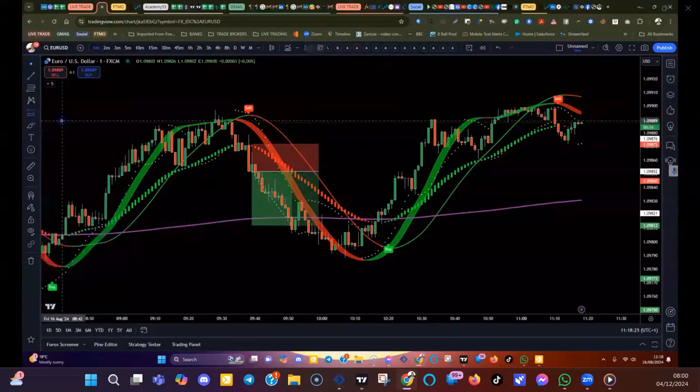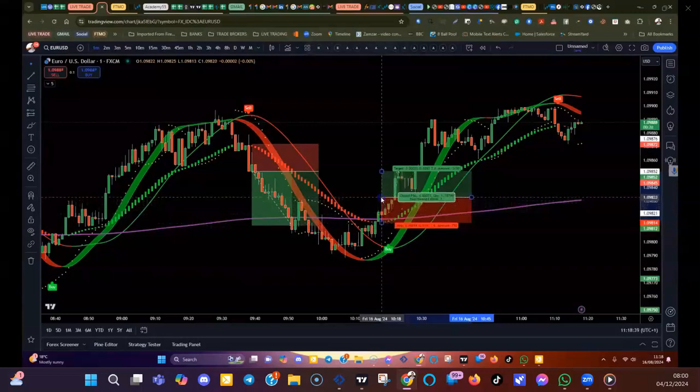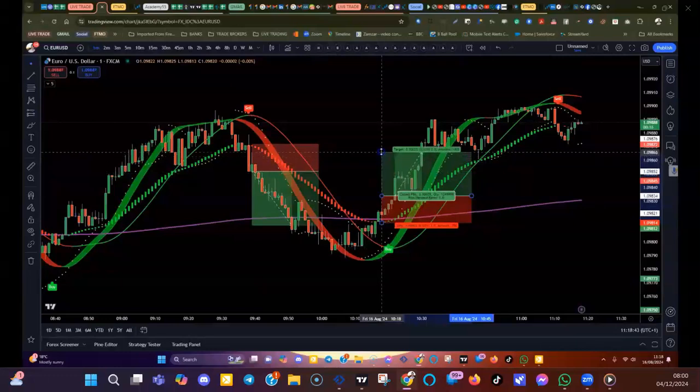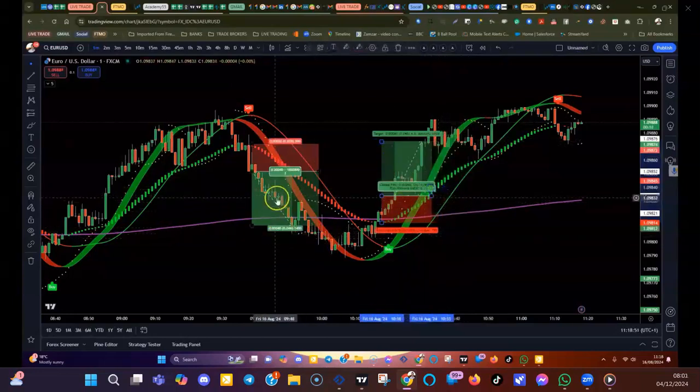So you get your long position tool Your stop loss goes there because that is the closest point to the entry, making sure you are a minimum of 2 pips away, and your 2-to-1 is up there. So as you can see, we have a winner there.